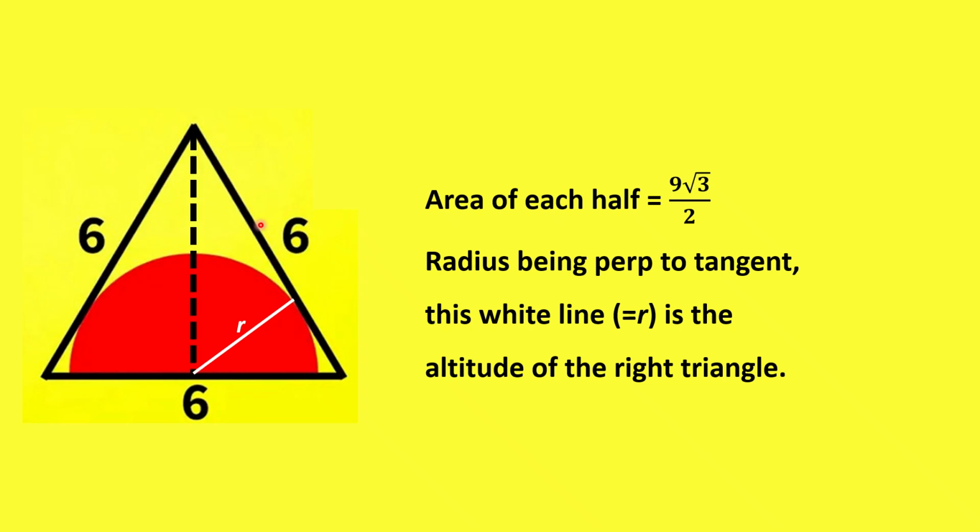So if you consider this right angle triangle, then 6 would be the base and this radius r would be the altitude of this triangle.